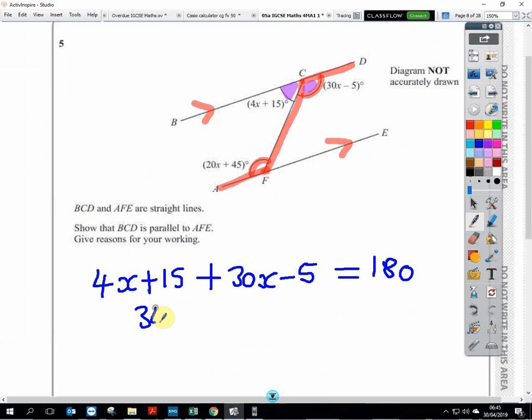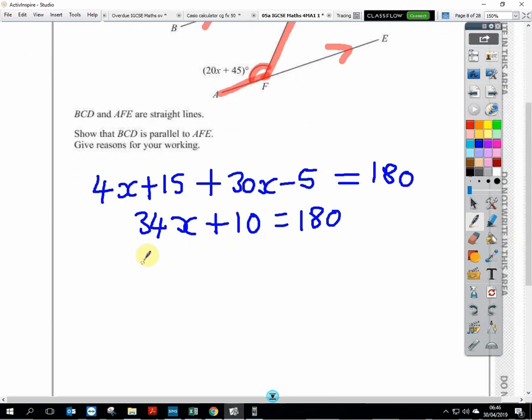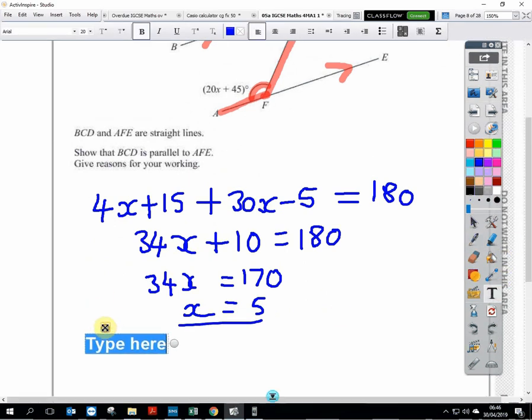So we have 34x plus 10 is 180 degrees. And that means if we take away 10 from both sides, 34x is 170. And if we divide 170 by 34, that means x is equal to 5. Now, the reason that we can do that is because angles on a straight line add up to 180 degrees.